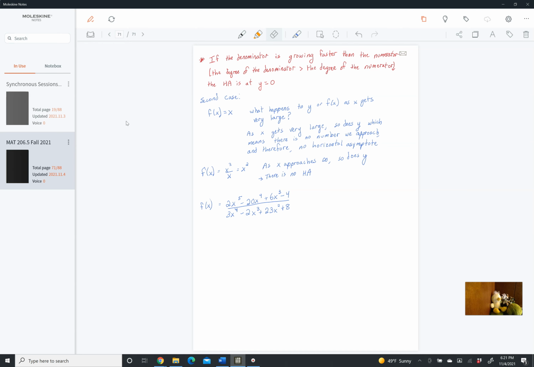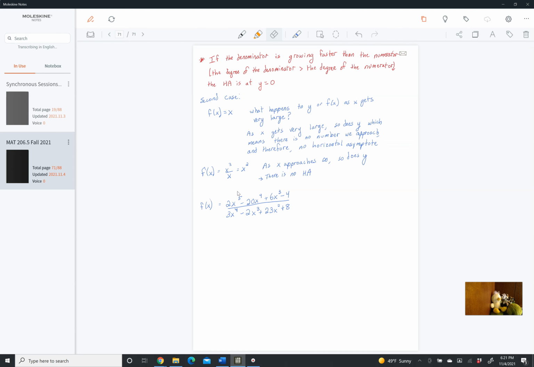Now, once again, this seems like, oh, this is so complicated because there's so much written here. And that's actually not true, because the 20x to the fourth is insignificant compared to the 2x to the fifth. We're talking about exponential growth here. Exponential growth is really, really high. It goes very, very quickly, okay?